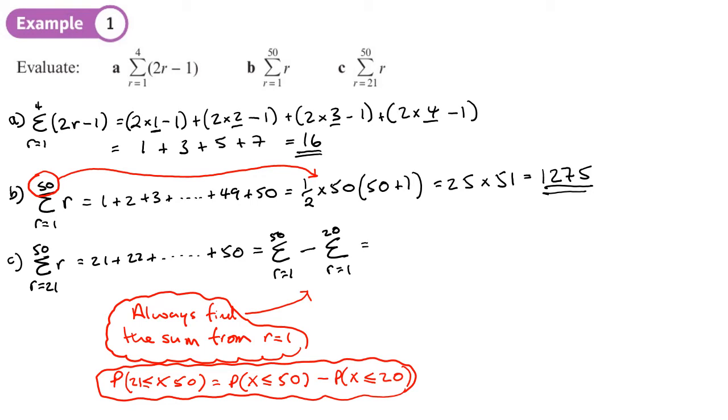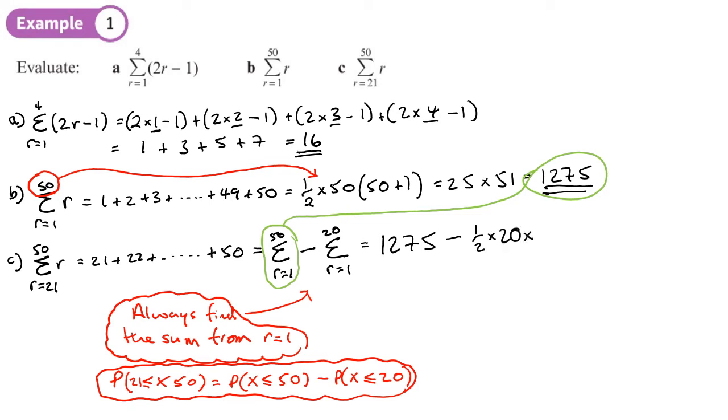Okay, so let's work this out. We've already worked out the sum from 1 to 50. We did that in part B. So this was what we worked out here. So we can just write 1275, and then minus half n. So for the second one, it's going to be 20 times n plus 1, 21.